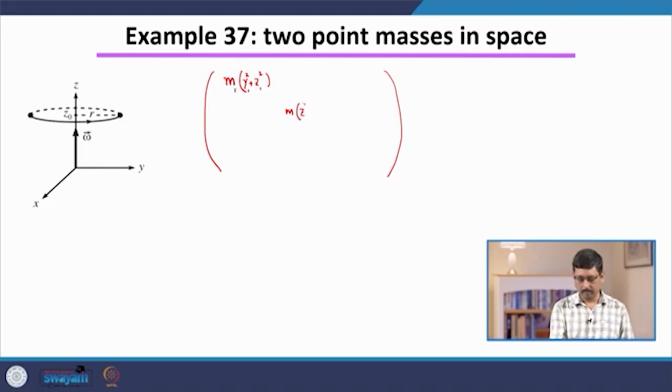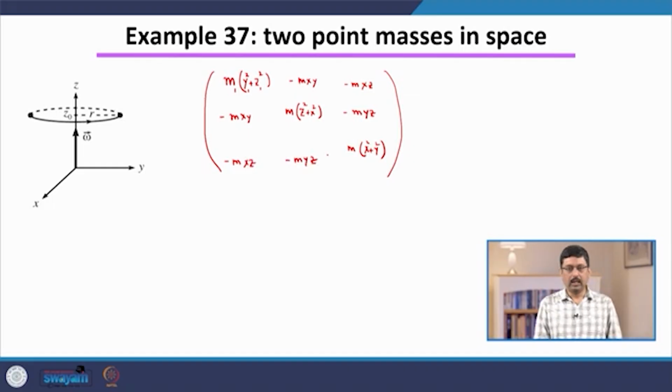This was m times the diagonal terms, then minus m x y, minus m y z, by symmetry minus m x y, and then minus m x z, minus m y z, by symmetry minus m x z. Now, we have 2 point masses, so we have to sum over both.